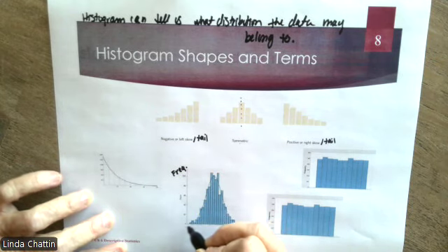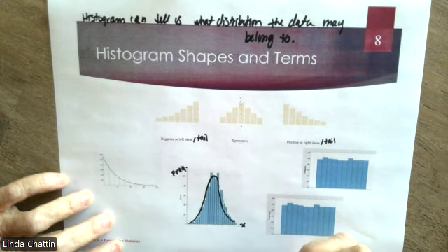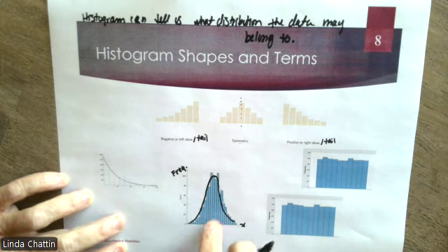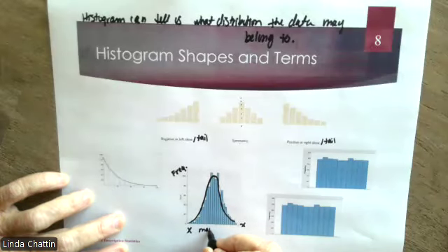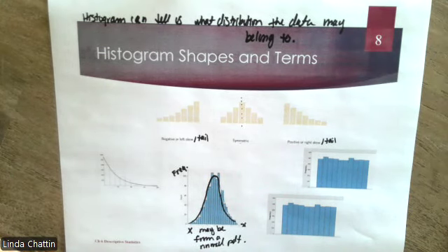It looks pretty symmetric and much like, from chapter 4, a normal distribution. So if we had a histogram like this, we could say that my random variable x may be from a normal PDF. That is, if it's continuous data, of course.